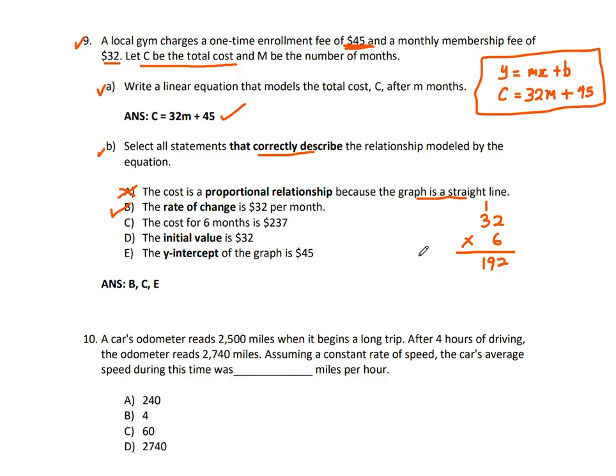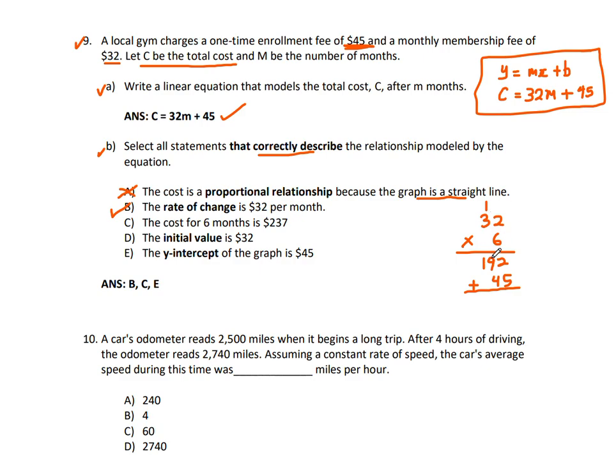So the 6 months cost is going to be 192 plus the one-time cost of 45. So over the 6 months, remember that the charge is 32 per month, so we multiply 32 by 6, which is 192.